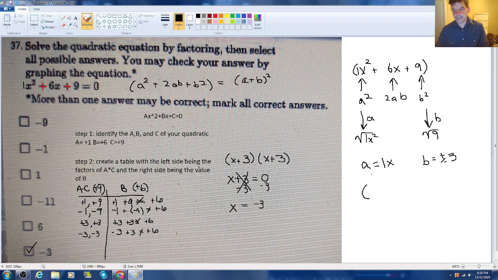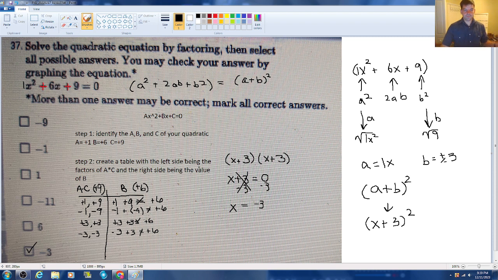So the generalized form is going to be a plus b squared, which is going to be equal to x, or just 1x, plus 3 quantity squared. And that's going to be your factored form.